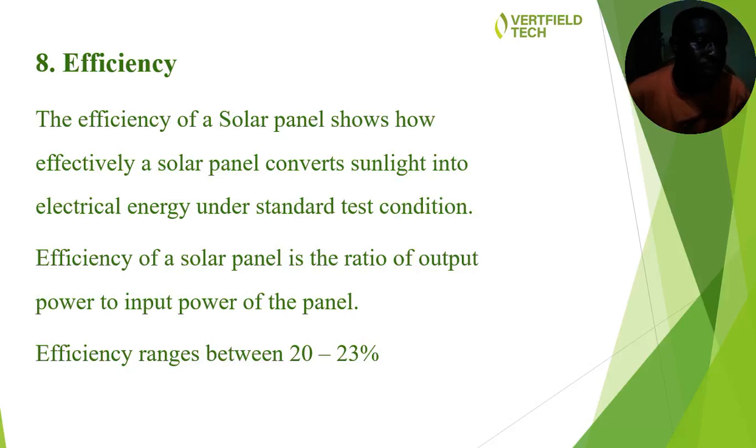So if your solar panel generates a whole lot of energy for you, you call it an efficient solar panel. Efficiency is a ratio of output power to the input power of the panel and ranges between 20 to 23%, which means, again, if we do a proper system design for your solar panel, considering the efficiency, and we have a value of 23%, that is a very good solar panel.